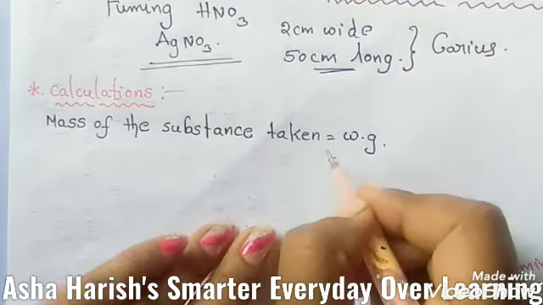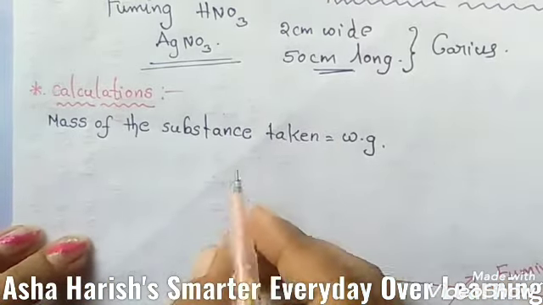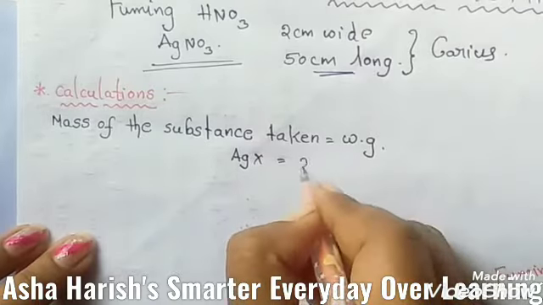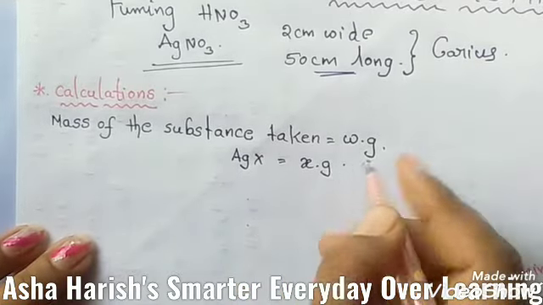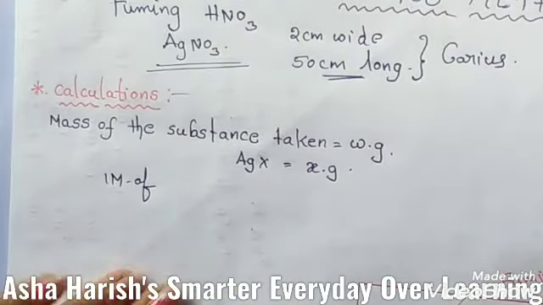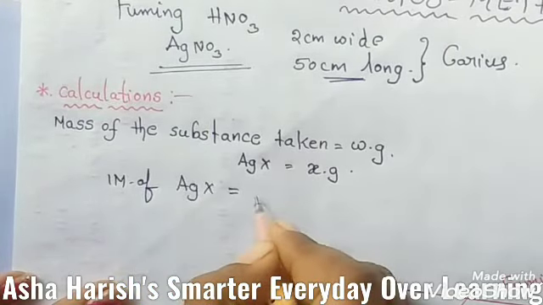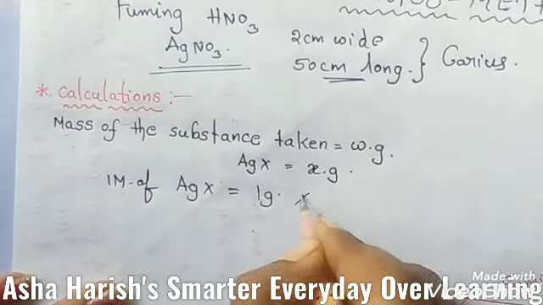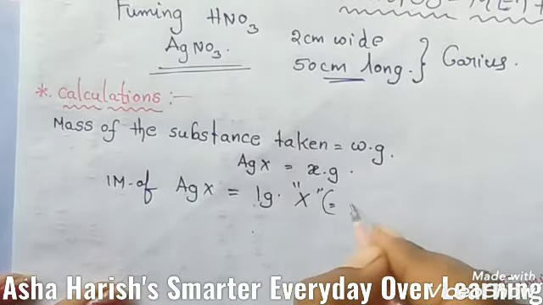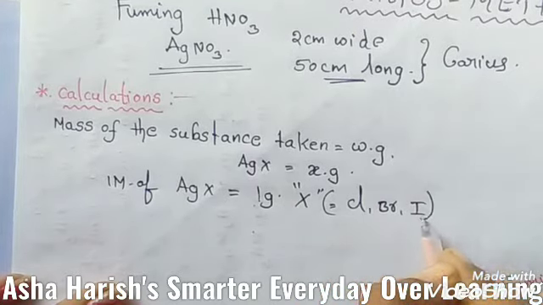Let the mass of the substance taken be W grams, and the mass of the silver halide formed be x grams. Now 1 mole of silver halide contains 1 gram atom of halogen. Here in the place of X you can take chlorine, bromine and iodine.